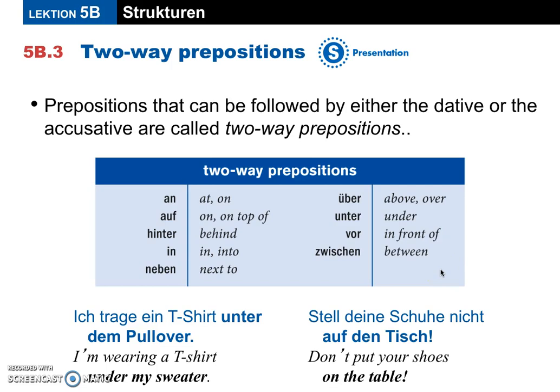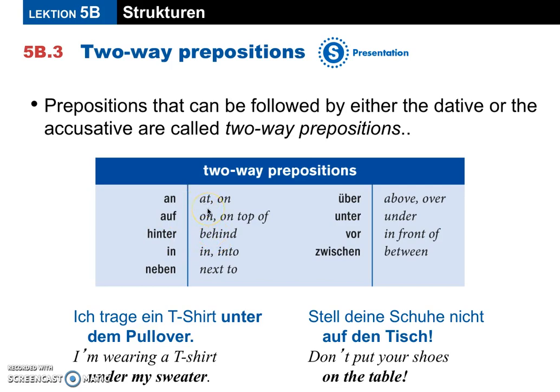So two-way prepositions are basically any preposition that can express either movement or location. For example: an, at; auf, on; hinter, behind.